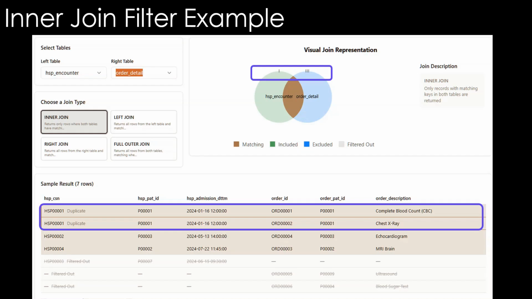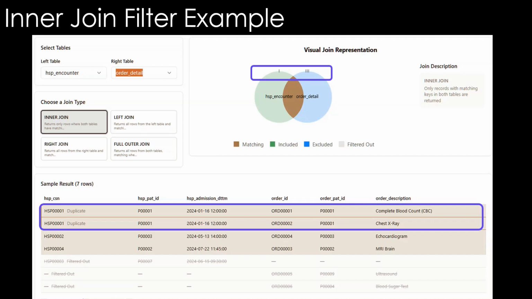This is where you're finally seeing an example of what I mean, that the care detail, like order detail, has multiple entries per encounter. So when you join them, you can get duplicative information from the hospital encounter because there are multiple orders.